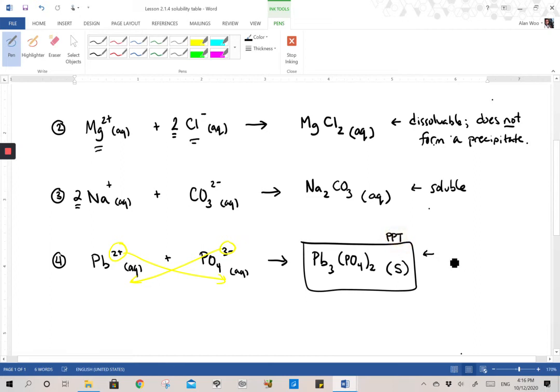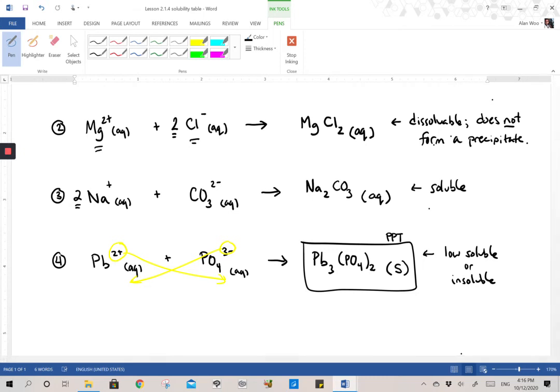Low soluble or insoluble always gives you a solid precipitate in the end.